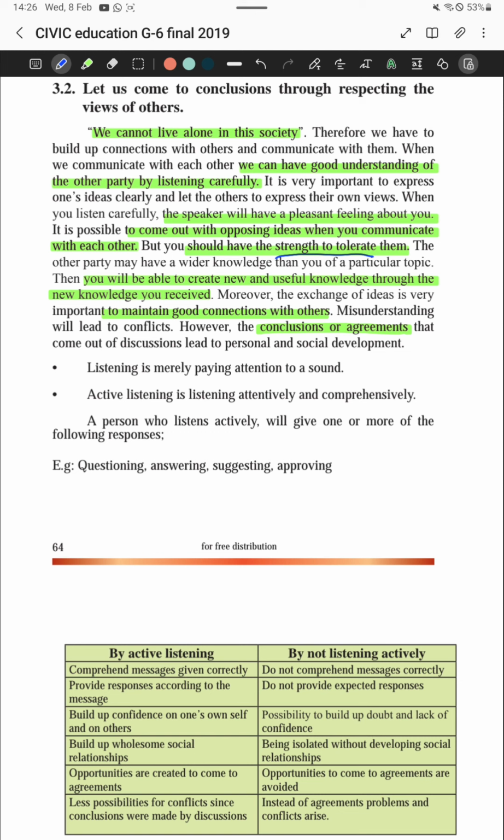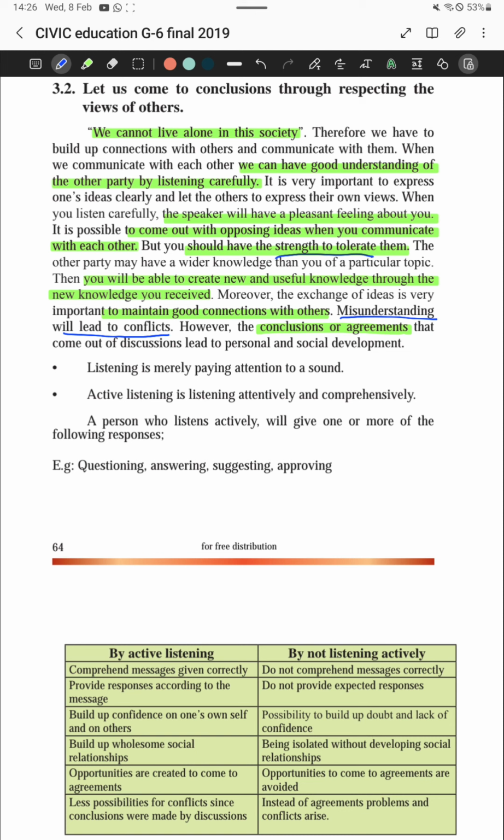If you end your conversation with a misunderstanding, there will definitely be a probability of leading to a conflict. A problem will be created when there is a misunderstanding between you.